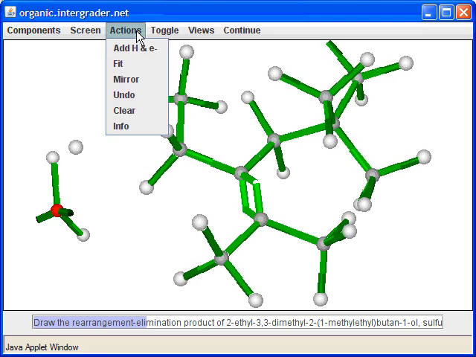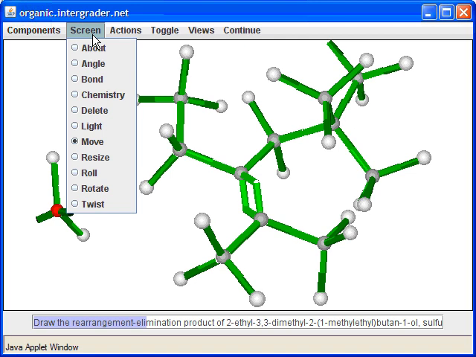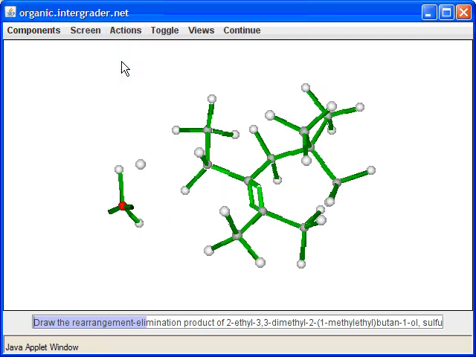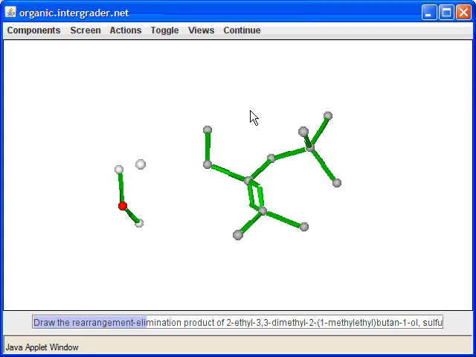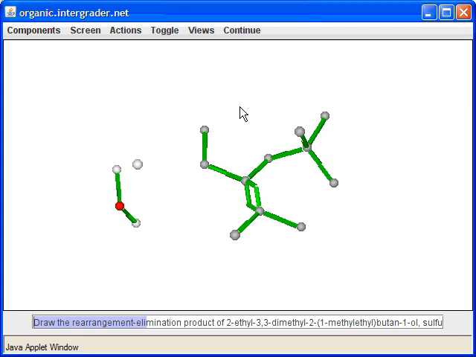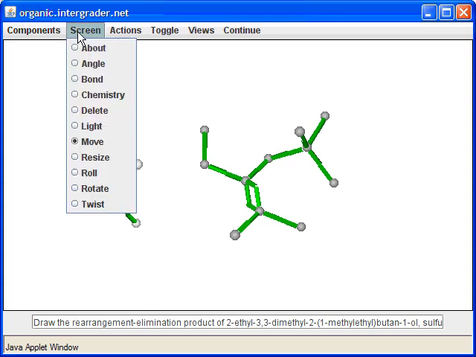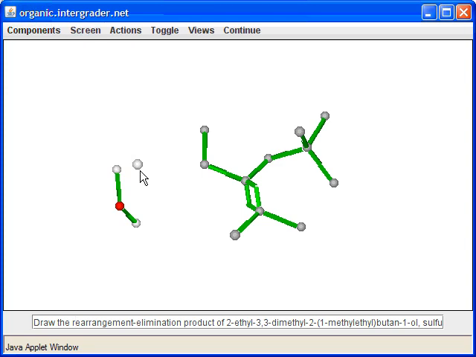When you're doing these, because there are sometimes such large structures like here, you should probably write down what exactly you did in this whole reaction. That's why these reactions are called rearrangement elimination reactions. They're not just simple eliminations; you actually have to move the carbons to other positions.